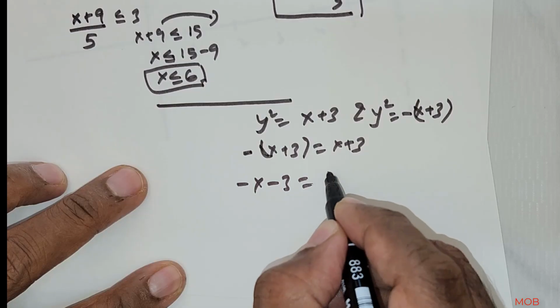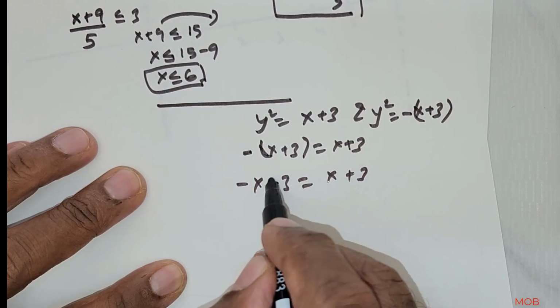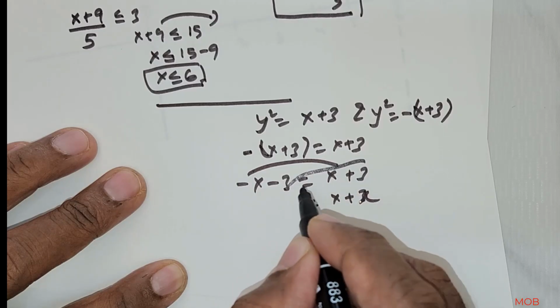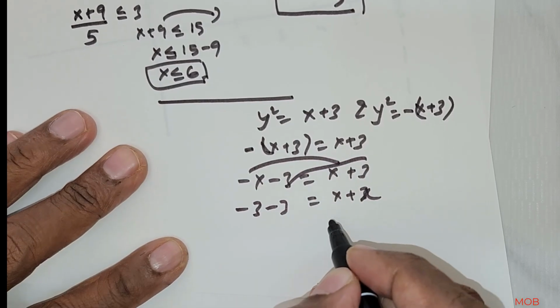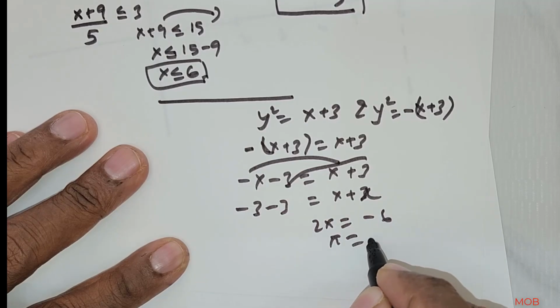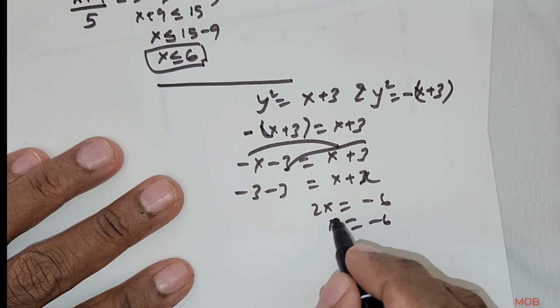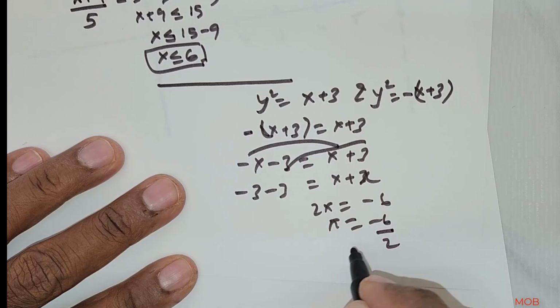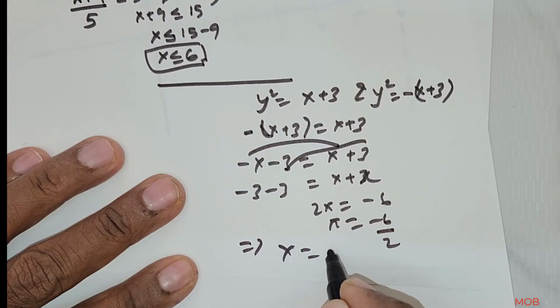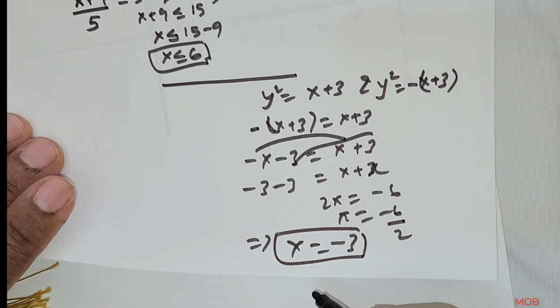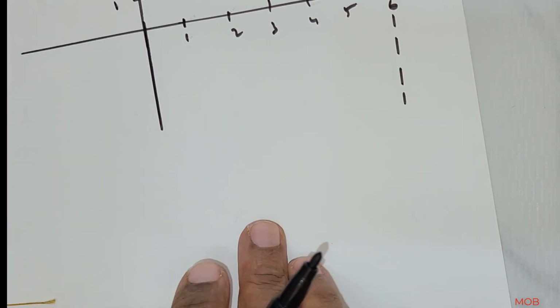Negative x minus 3 is x + 3. I bring this x to that side, x + x. I bring this 3 to this side, minus 3 minus 3. This is 2x is equal to negative 6 and x is equal to negative 6 over 2, which means x is equal to negative 3. So at negative 3 there is a point of intersection.